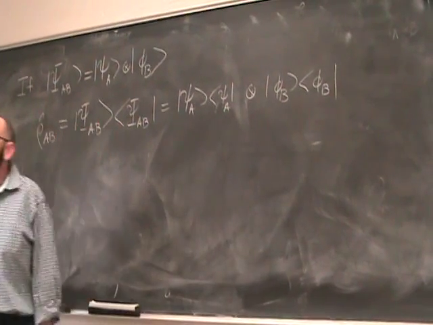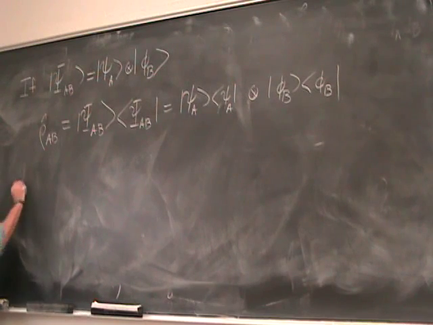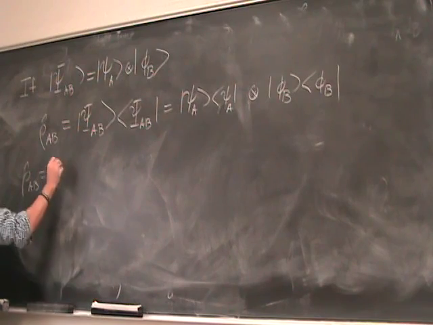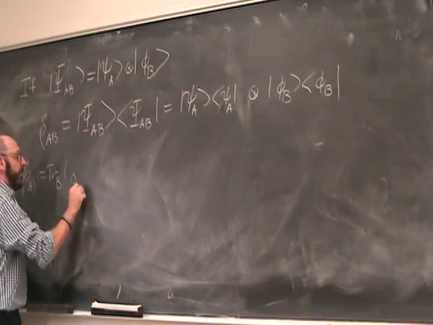Here, that be there. If I do the partial trace, say tracing over system B, what do I get?